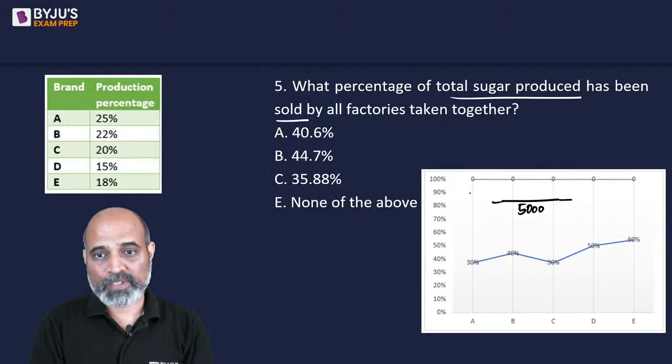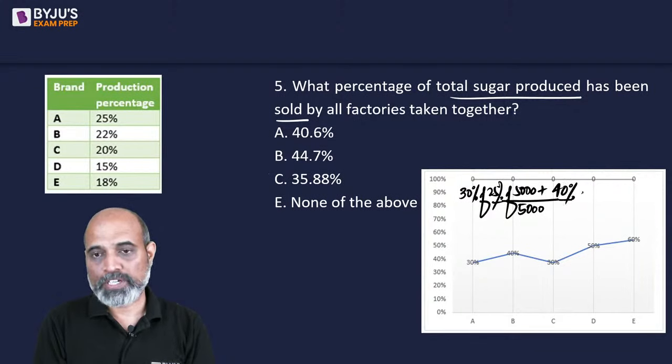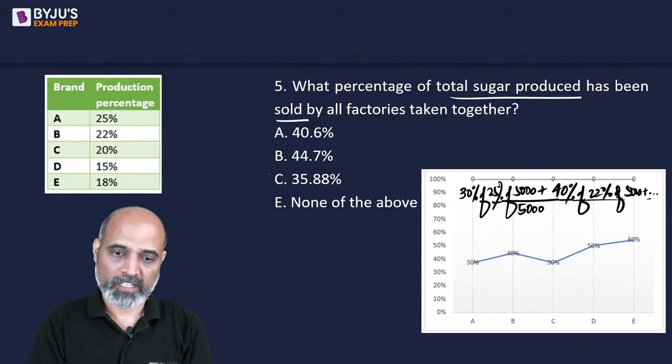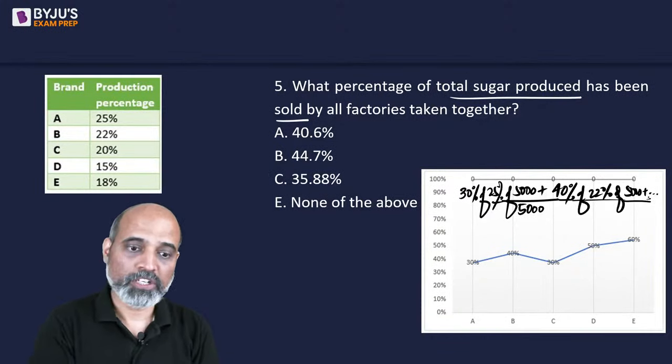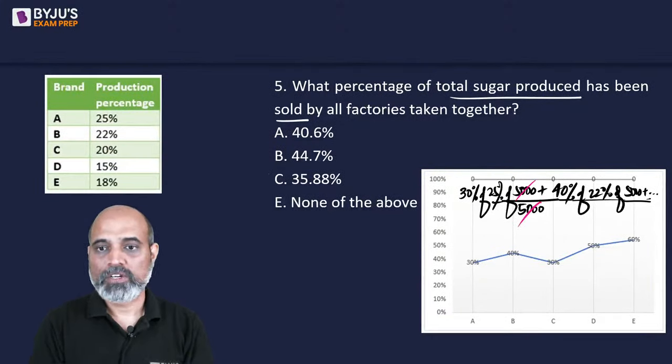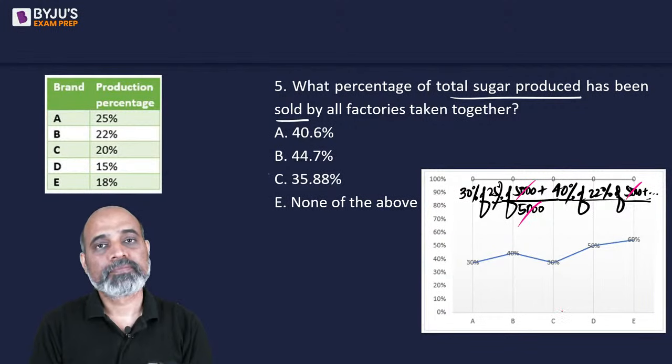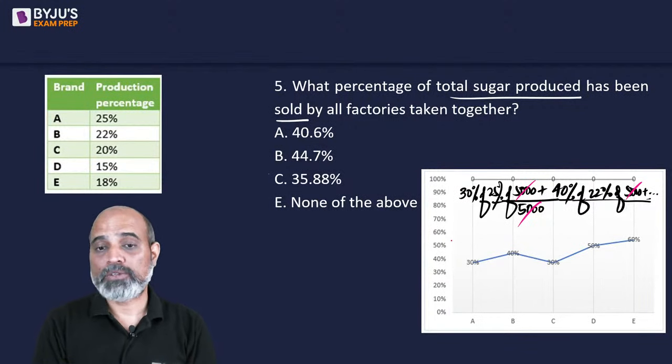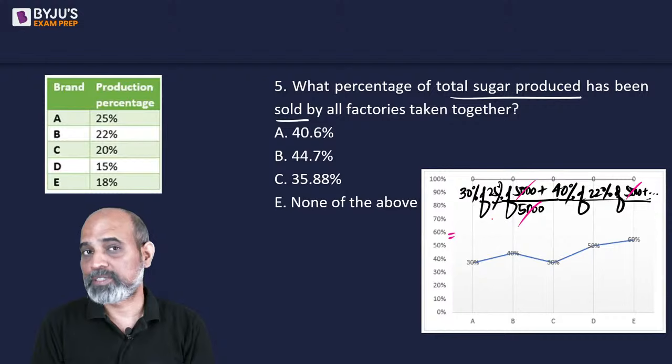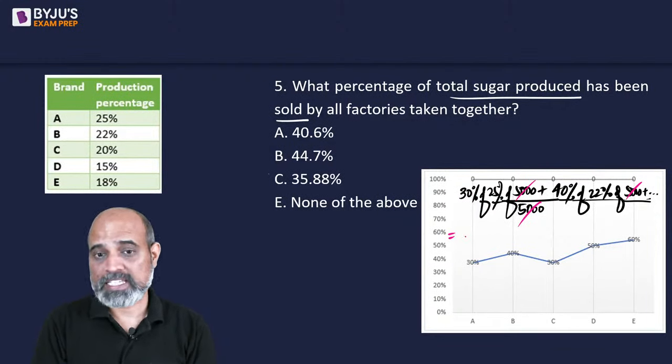So if I write 30% of 25% of 5000 plus 40% of 22% of 5000, तो आप ये realize करोगे कि in calculations में 5000 is common in both the numerator as well as denominator. तो आप इनको हटा दो. That means we need to only calculate what is 30% of 25%. Now 30 into 25, if you remember, we have already solved this as 750.